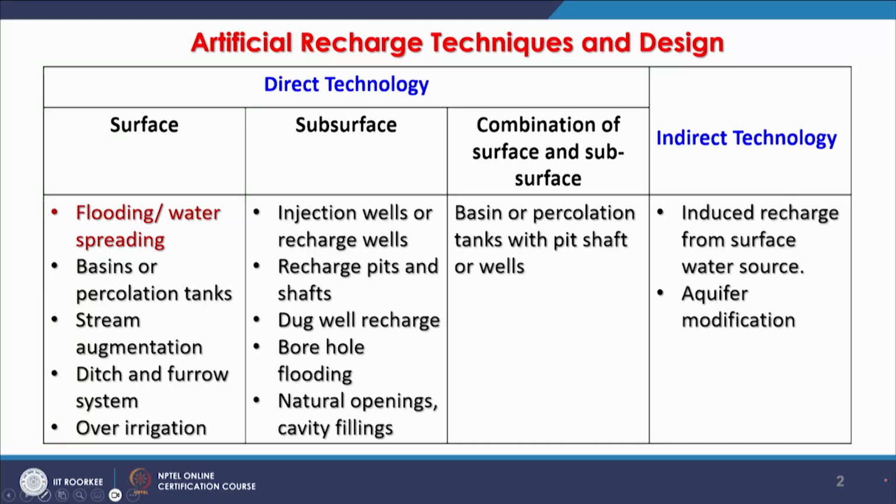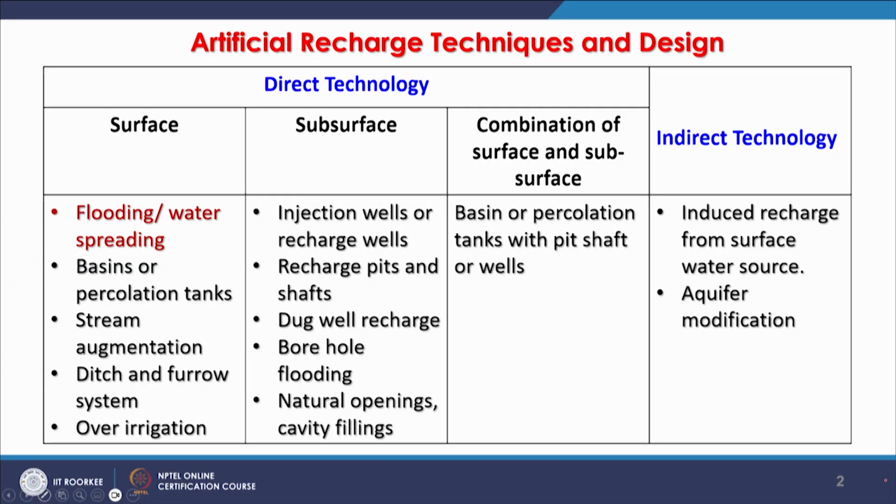As we know, there are several techniques and designs, and many innovations are also being done in artificial recharge techniques. So, we will look at these techniques in various ways, or they can be divided into various categories. The first class is direct technology and indirect technology.